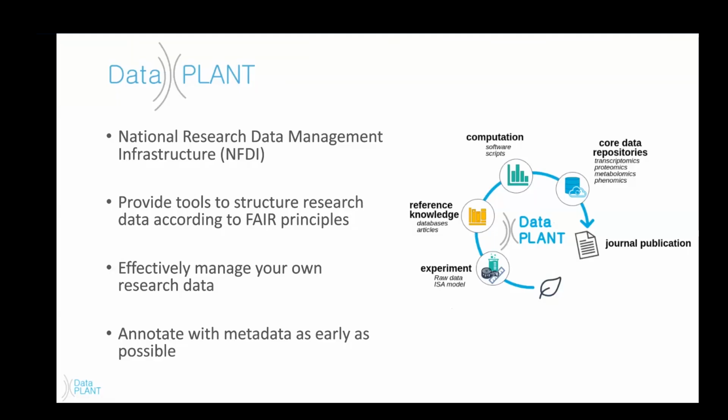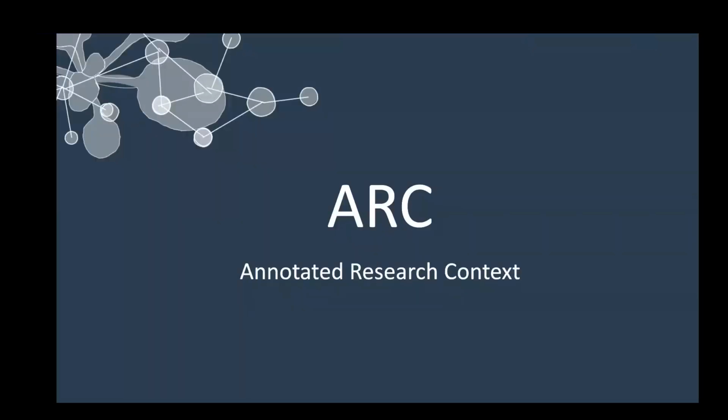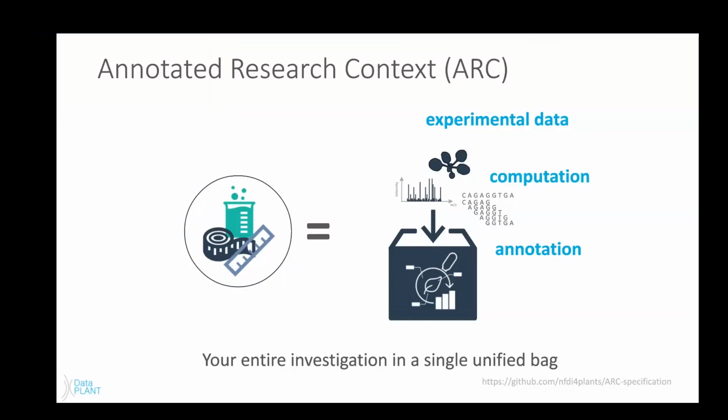So we really want to focus on all aspects of the research cycle and not just experimentation or publication. A central component of the DataPLANT management strategy is the ARC, or the Annotated Research Context. What an ARC does is pack an entire investigation into a single unified entity.